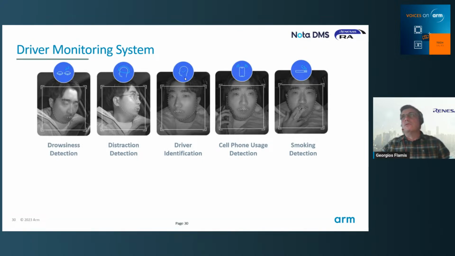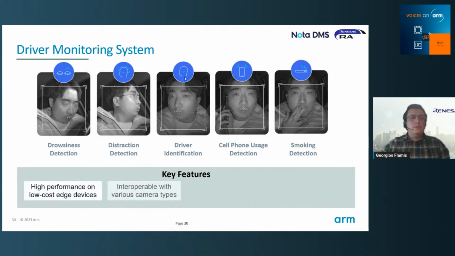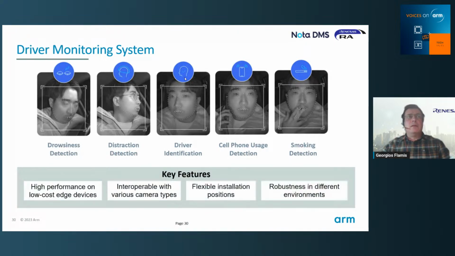We just want to show that the processing, flows and development environment that we built at Renesas allow a demanding task like this one, and that's a great achievement that we have done together with Nota.AI. The key features of the solution are high performance on low-cost edge devices, interoperability with various camera types, flexible installation positions, and robustness in different environments.